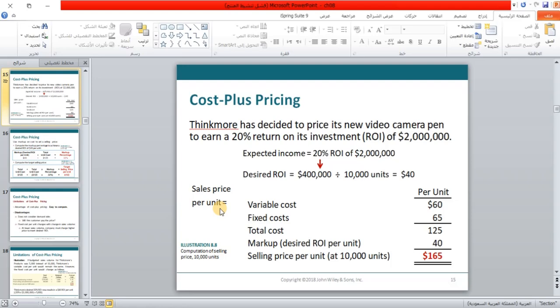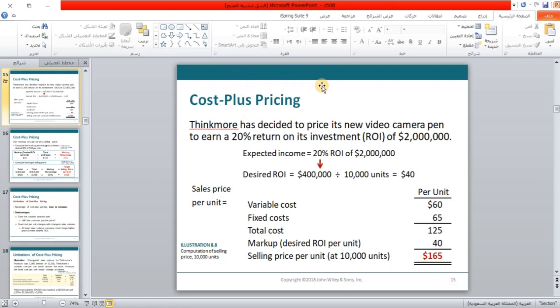Now we want to determine the selling price per unit. Variable cost $60, fixed cost per unit $65, total cost $125. Add the markup, the desired return on investments per unit $40, so the selling price per unit at 10,000 units is $165.